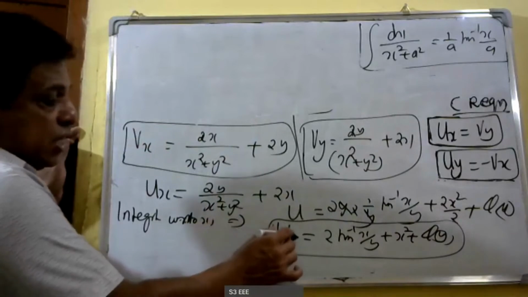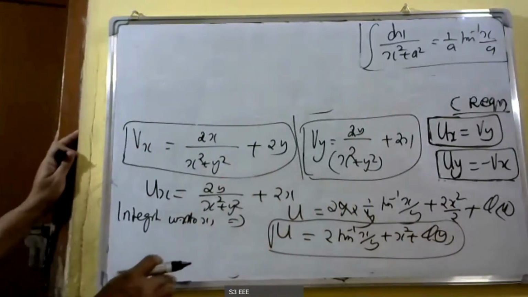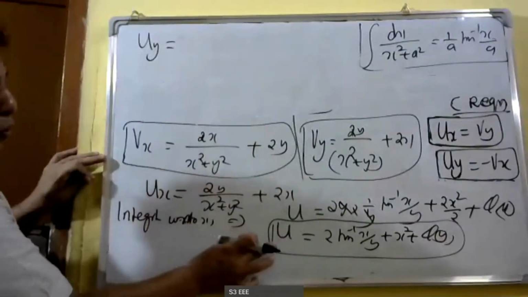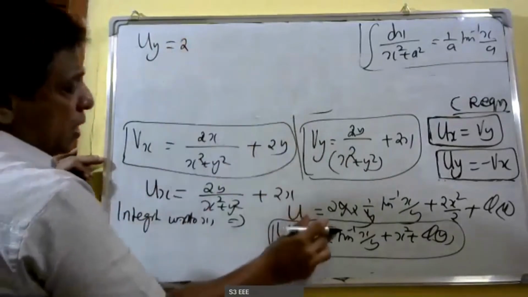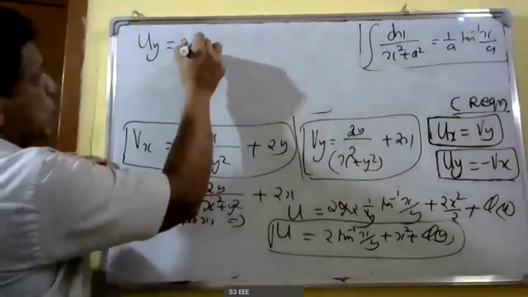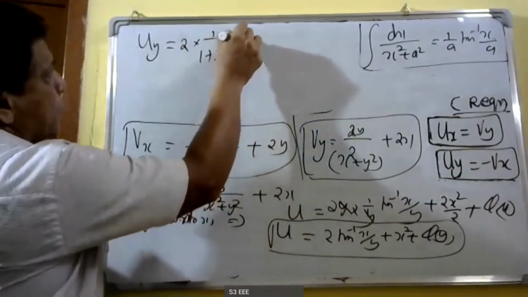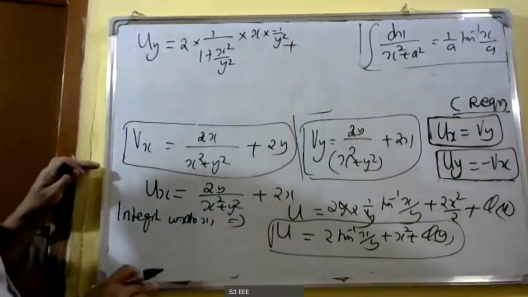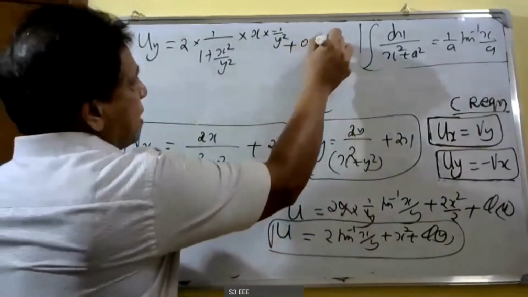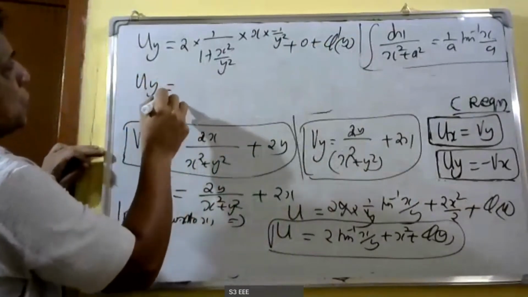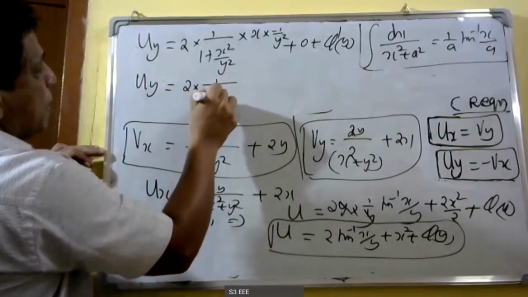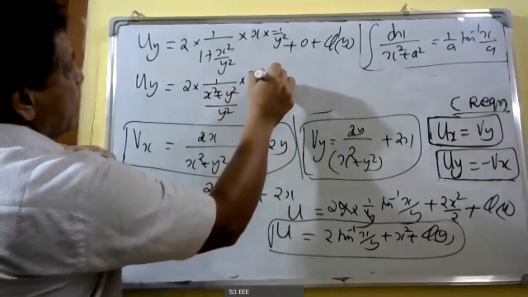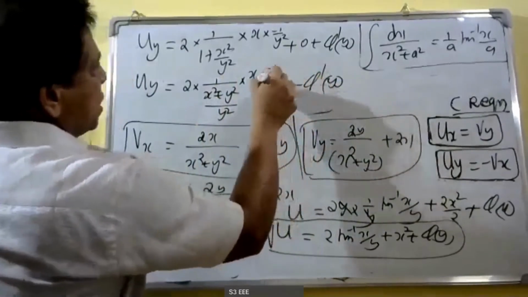For that, we differentiate this equation with respect to y. Therefore, uy = 2 × d/dy[tan⁻¹(x/y)] + 0 + φ'(y). Differentiating tan⁻¹(x/y) with respect to y gives 1/(1 + x²/y²) × x × (−1/y²). The y² cancels.